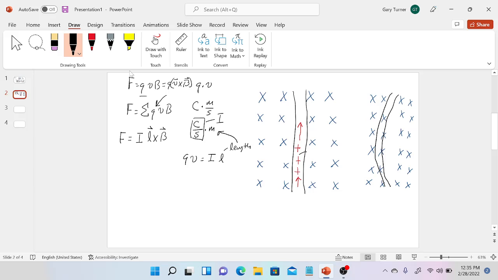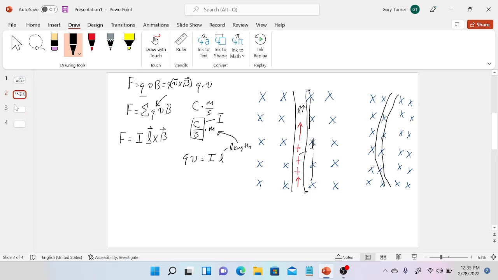So if my current is upward in this sense, then L would also be pointing upward. And it has a magnitude of the length of the wire that's in the magnetic field. So whatever length of your wire is in the magnetic field is L. And if we know the direction of the current, which is the same direction as L, and we cross that into B, that gives us the force on a current carrying wire.